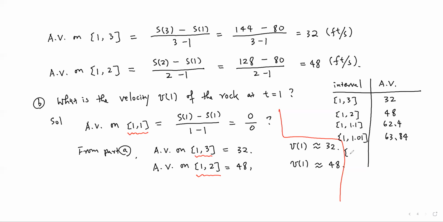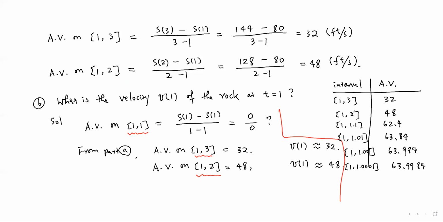Then over the time interval from 1 to 1.001, average velocity is this number, 63.984. And over 1 to 1.0001, this interval, average velocity is 63.9984.